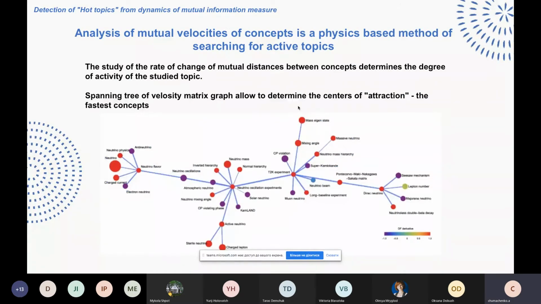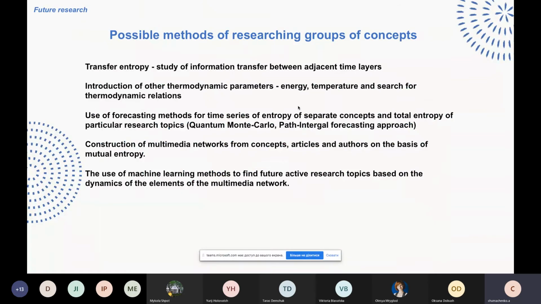These are all methods that we propose here, and probably I will say something about the possible future methods that we are planning to incorporate in our research. We have, for example, a possibility to use transfer entropy to study information transfer between adjacent time layers.